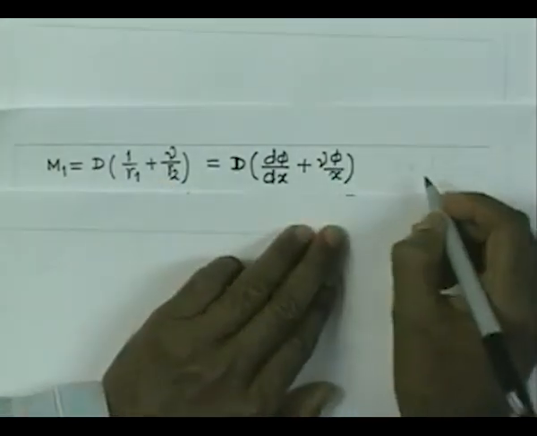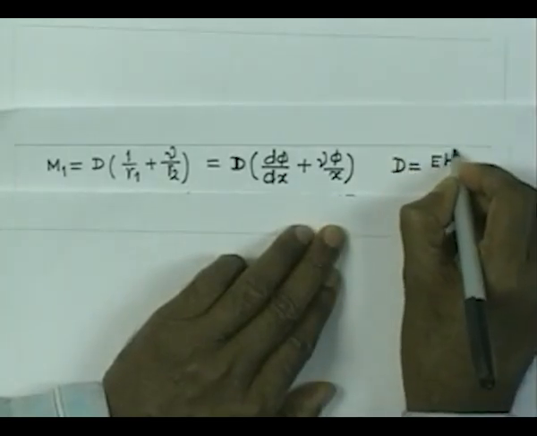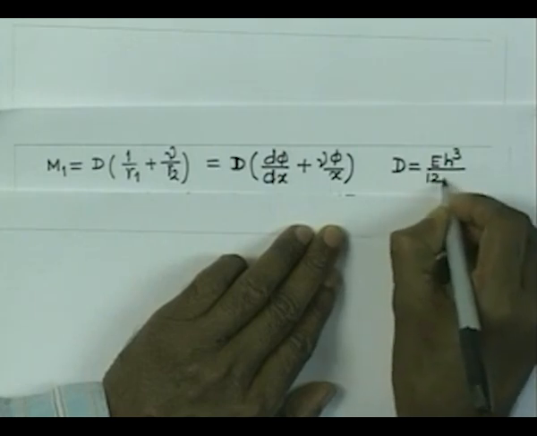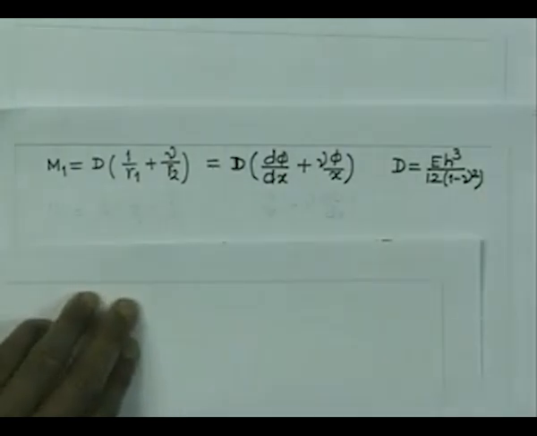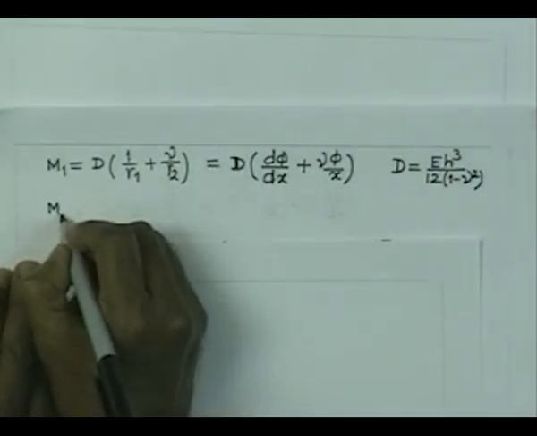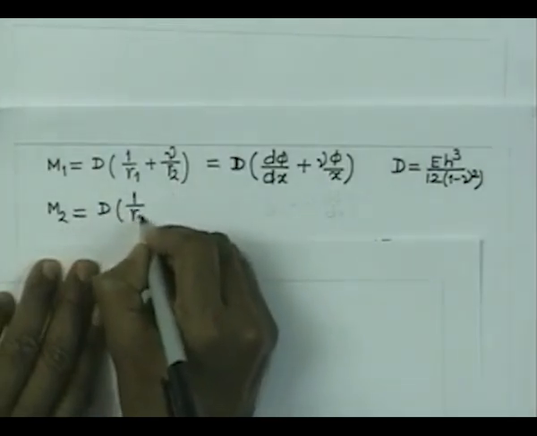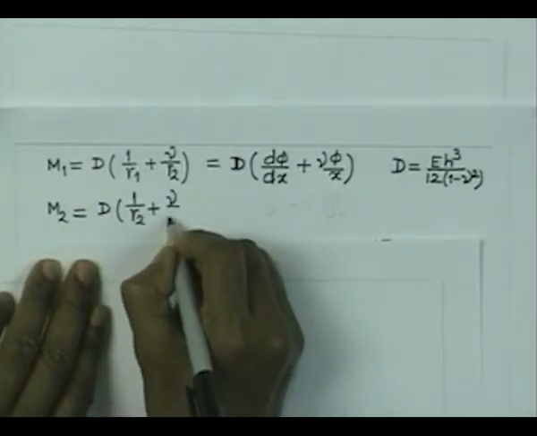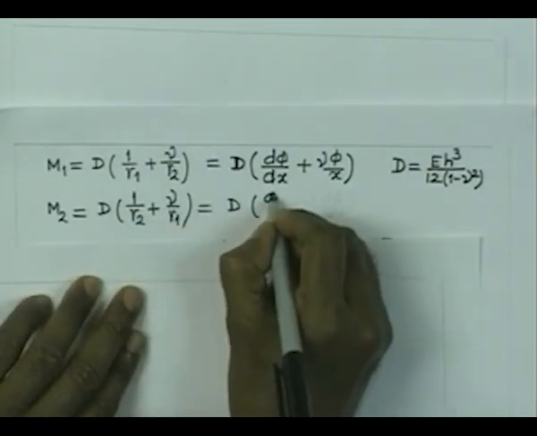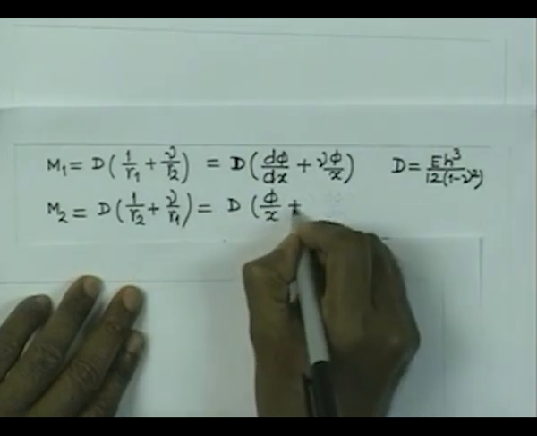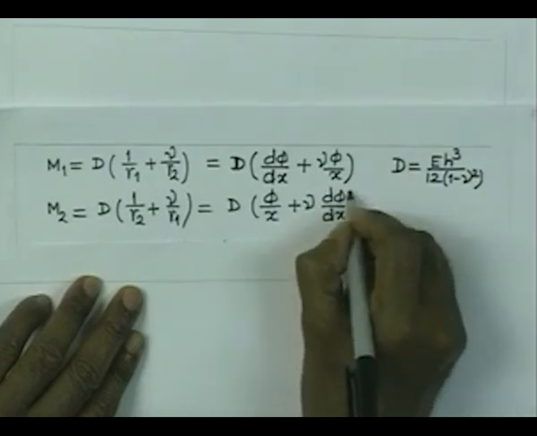Nu is nothing but Poisson's ratio, and therefore, this D is equal to Eh cube by 12 into (1 minus nu square). Similarly, we can write now m2 is equal to D times (1/r2 plus nu/r1), and this is nothing but D times (phi by x plus nu d phi/dx).